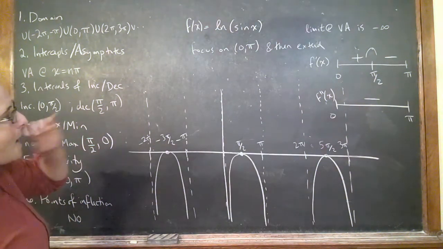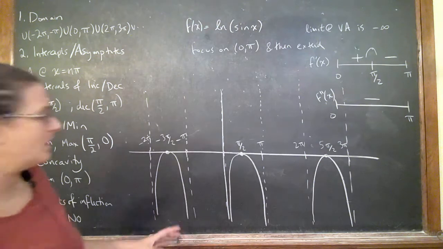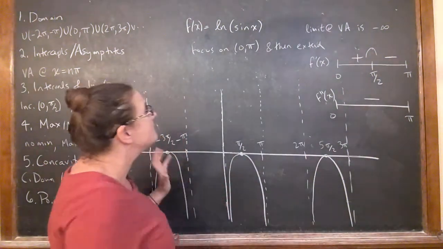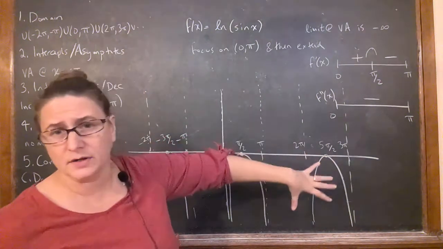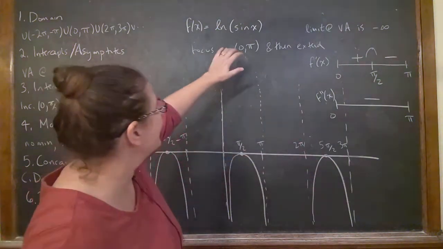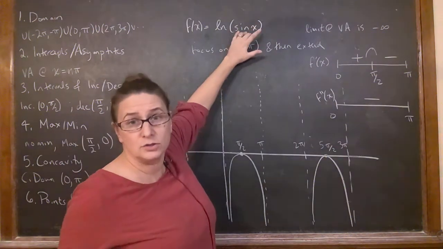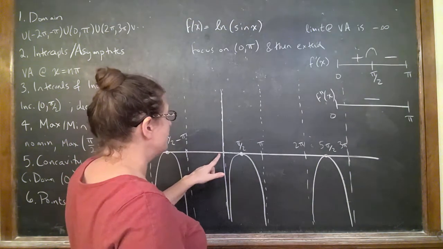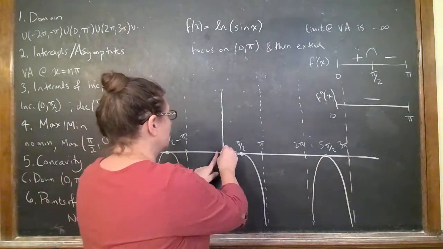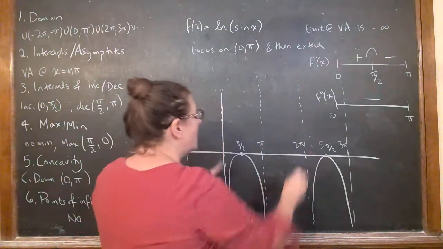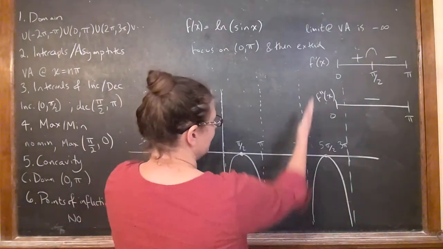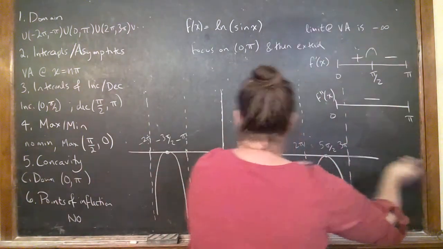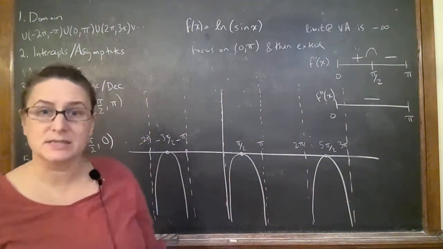So how do I know it's going to look like this, right? I was able to graph this, but how did I figure out the rest of it? Well, basically, figuring out the rest of it comes exactly from the fact that sine of x has a 2 pi periodicity, right? So if I think about sine being periodic between 0 and 2 pi, what's happened here is that I've taken the whole graph from 0 to 2 pi and put it over here and put it over here and sort of extend it that way.